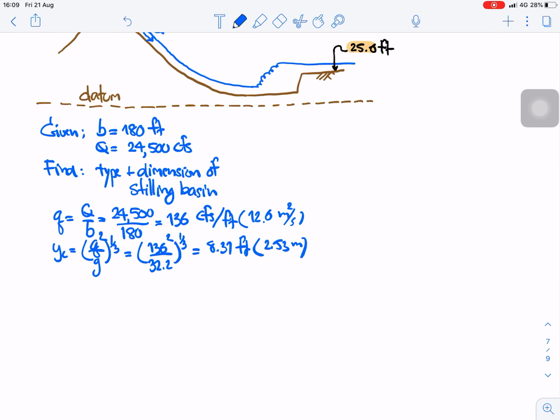Next we have to assume the stilling basin floor elevation. Z is equal to, let's say, 10 feet.